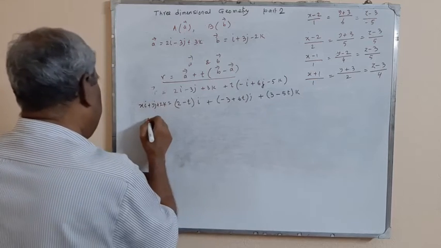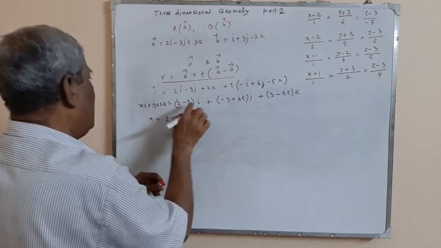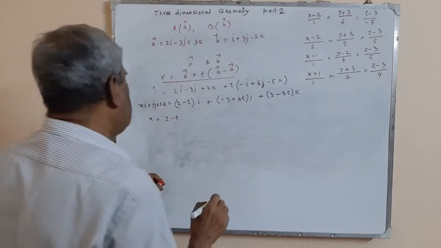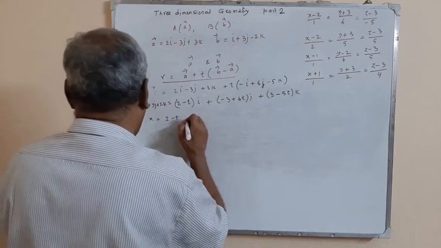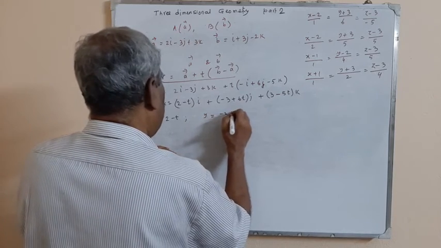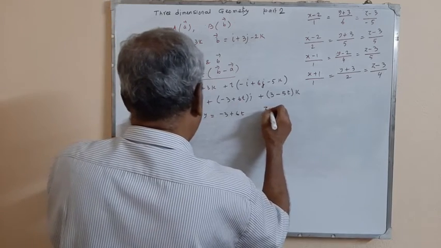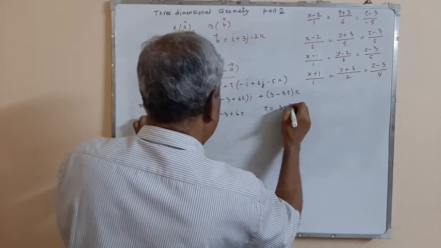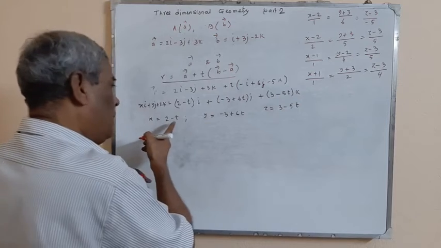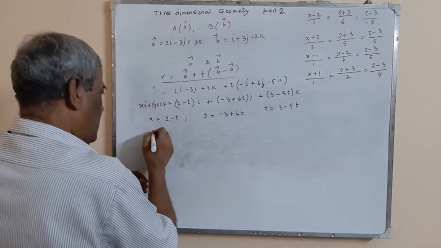So that we get, comparing coefficients of i, j and k, x is equal to 2 minus t, y is equal to minus 3 plus 6t, and z is equal to 3 minus 5t.